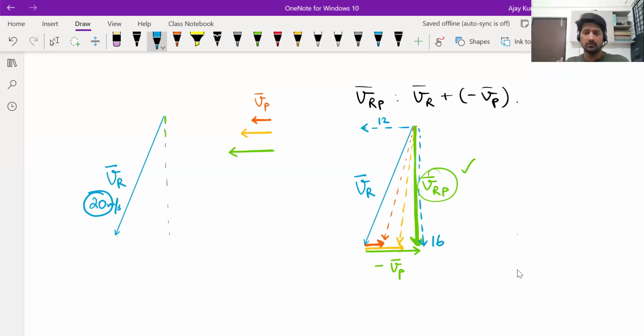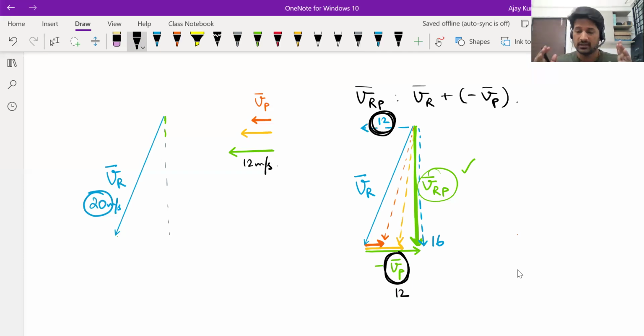It should not have an x component. Means the x component of VR, this one, should be cancelled by the x component of VP, this one. Then only the y component will survive. For that, how much should VP be? 12 units. So the person should move to the left with a speed of 12 meters per second, such that the raindrops appear to fall vertically downwards.